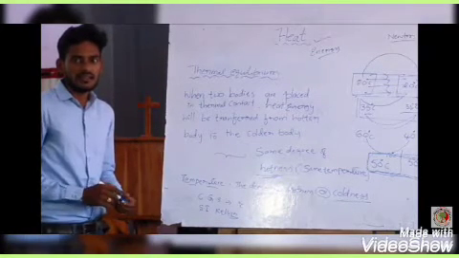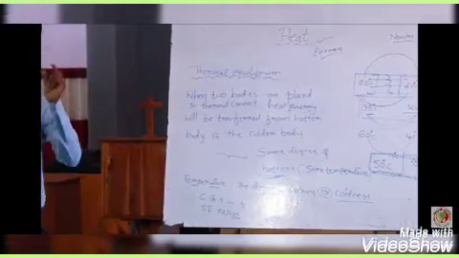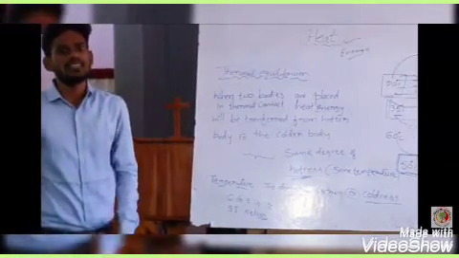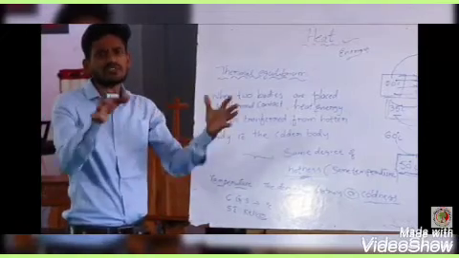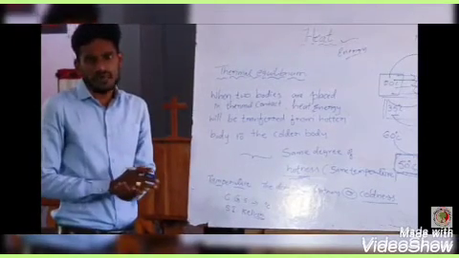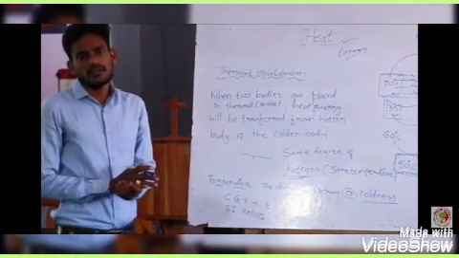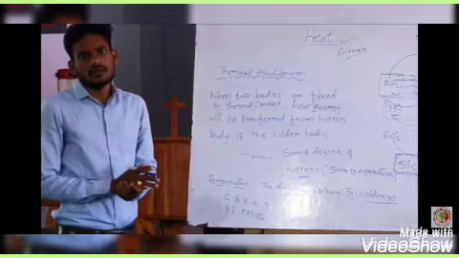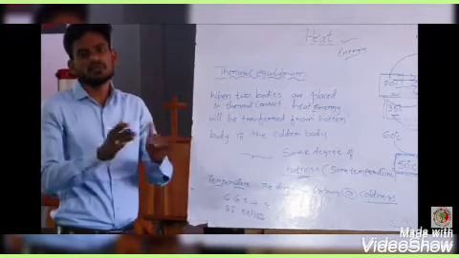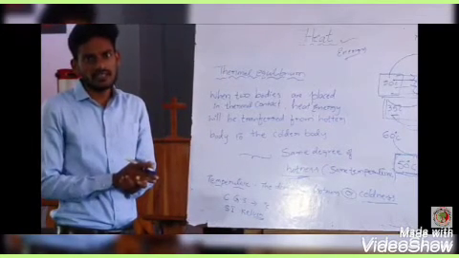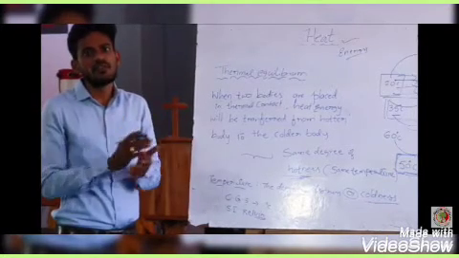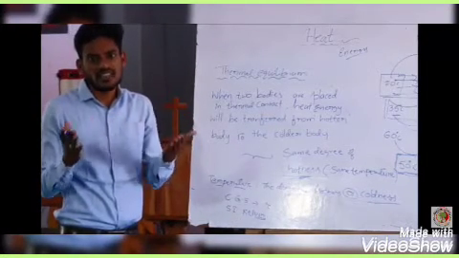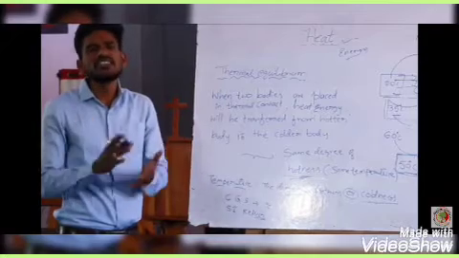Got it? So far you learned what is heat, what is temperature, and the difference between heat and temperature. Heat is simply one source of energy. Temperature happens when heat flows from one body to another body. When there is a temperature difference between two bodies, definitely heat flows.